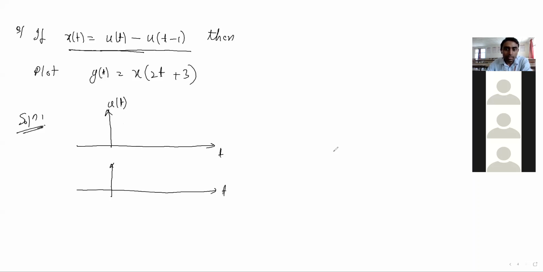Mani Deepak, can you say what is a unit step signal? Faizuddin, Varun, can you say what is a unit step signal? And what will be the signal when t equal to minus 1?